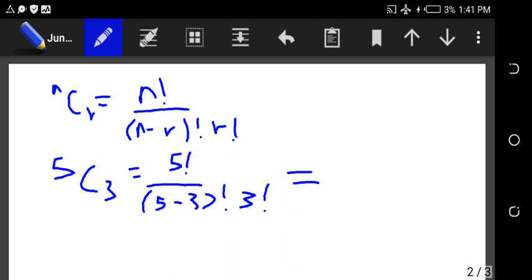Going further, we have 5 factorial over 5 minus 3, which gives us 2 factorial, and then we still have 3 factorial.